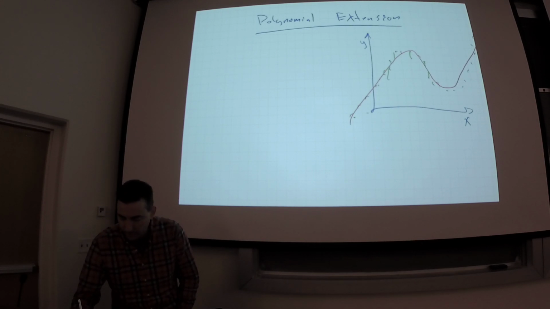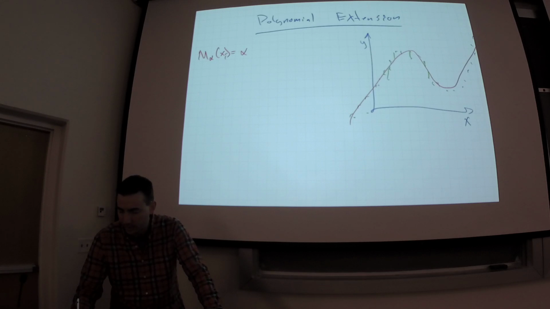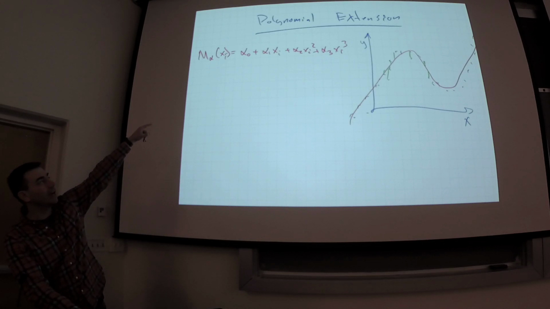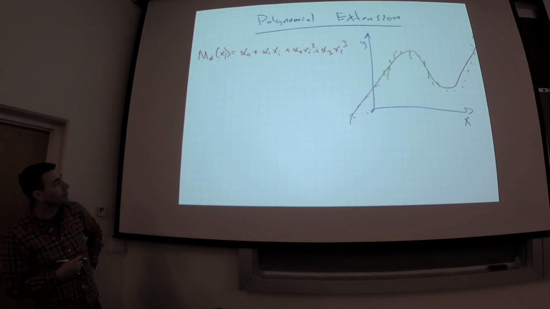Now my model alpha, for some xi, is going to be alpha 0 plus alpha 1 xi plus alpha 2 xi squared plus alpha 3 xi cubed. So any polynomial curve up to degree 3 will look something like this. This is the form of any polynomial curve.